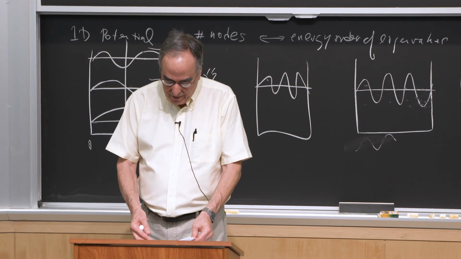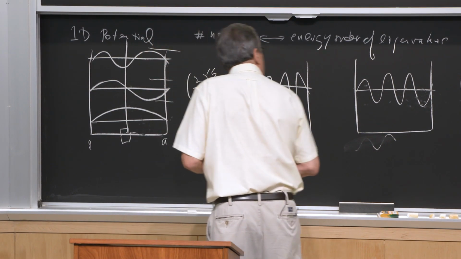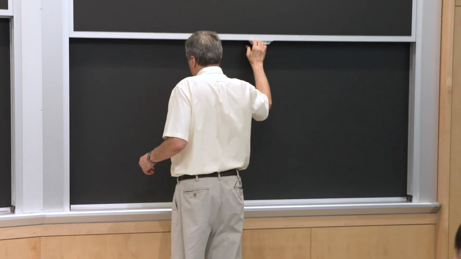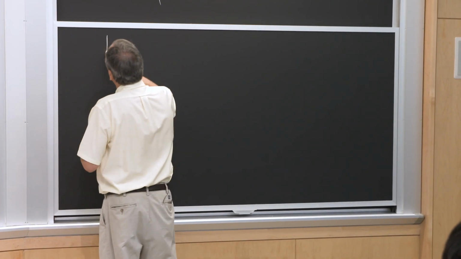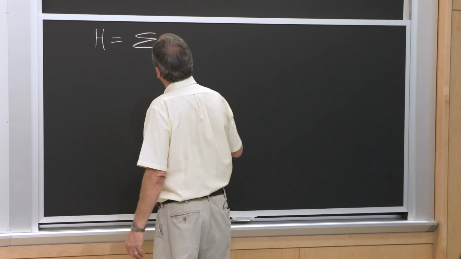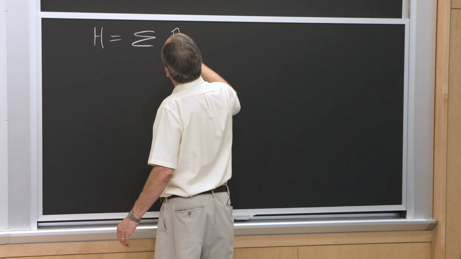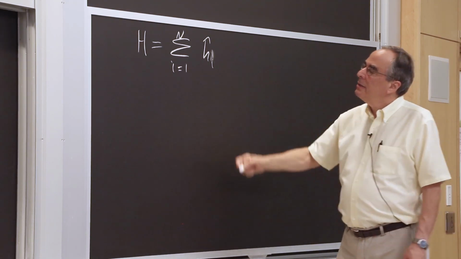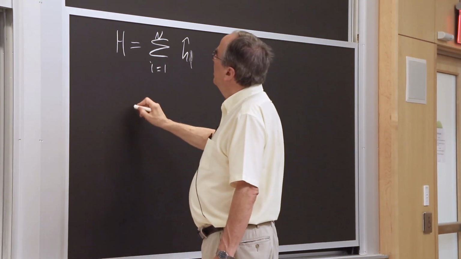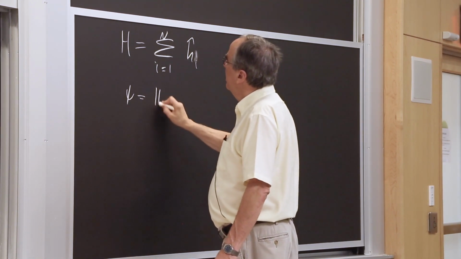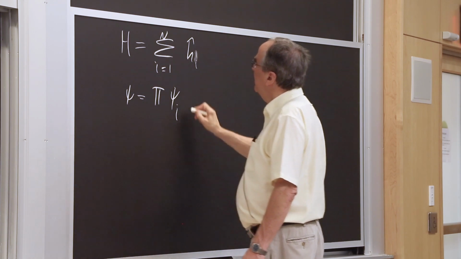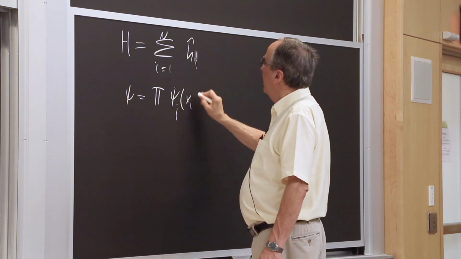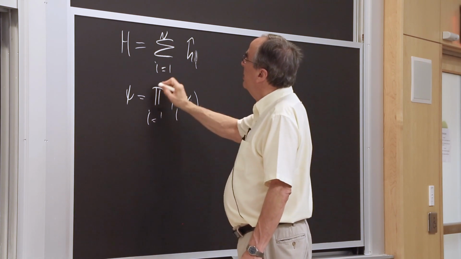All right, so what I've been saying is whenever the Hamiltonian can be expressed as a sum of individual Hamiltonians, whenever we can write the Hamiltonian this way, we can write the wave function as a product of wave functions for coordinates x_i, i equals 1 to n.